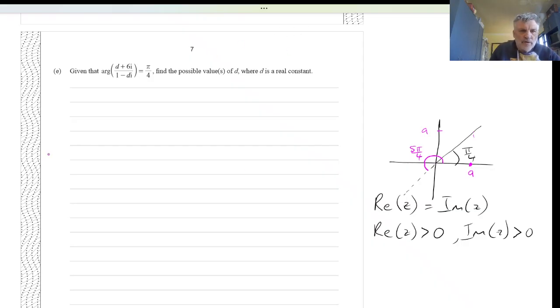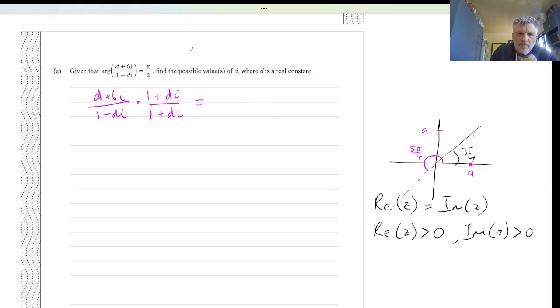So what do we do? We take our complex number and we figure out the real and imaginary parts and then equate them. Standard practice is to multiply and divide by the complex conjugate of the denominator. That gets rid of the complex part in the denominator.